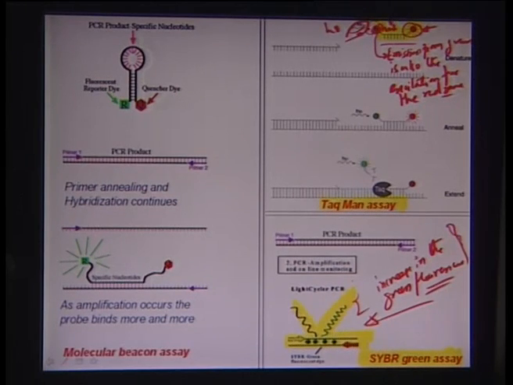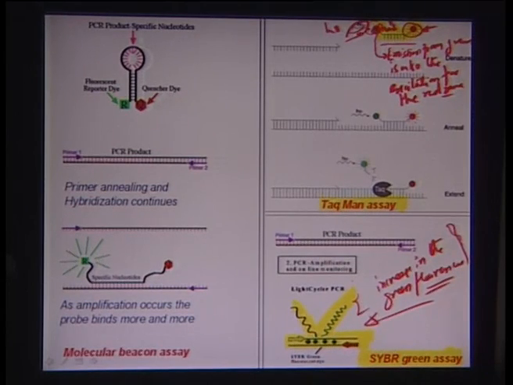But this happens only when the molecules are placed at a distance equal to or smaller than a very fundamental physical quantity called the Forster's distance. So there is a certain spacing between these two molecules which allows a fluorescence resonance energy transfer process to workably execute.